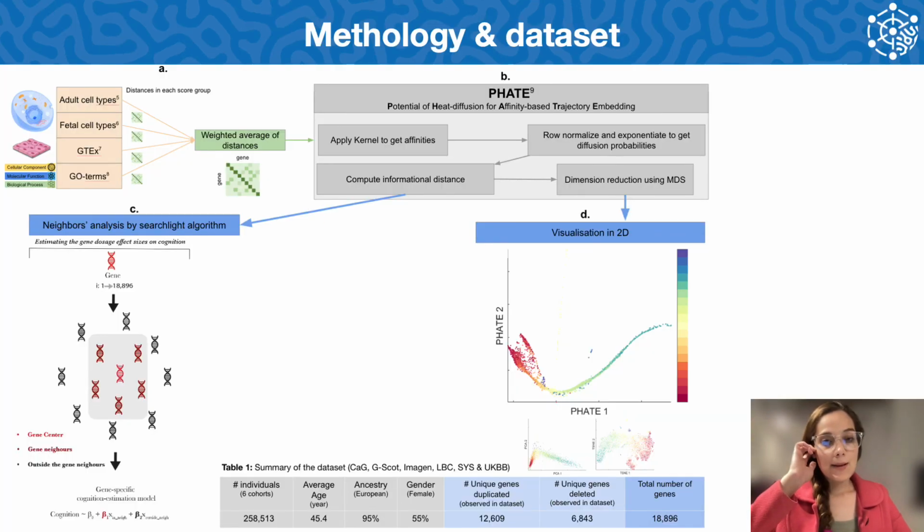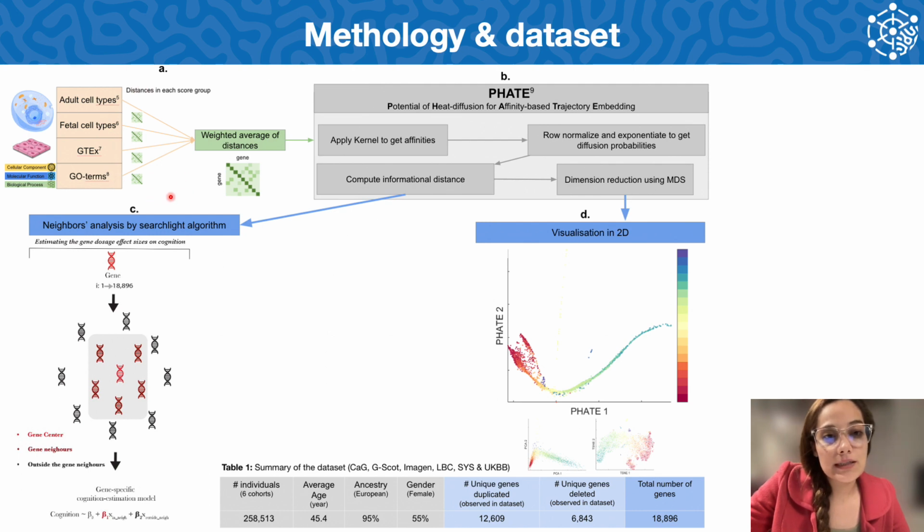Here I illustrated our pipeline, in which at left you can see the A panel that represents our dataset, which shows the expression level across cell types, tissues, and also incorporates the information of GO-terms.